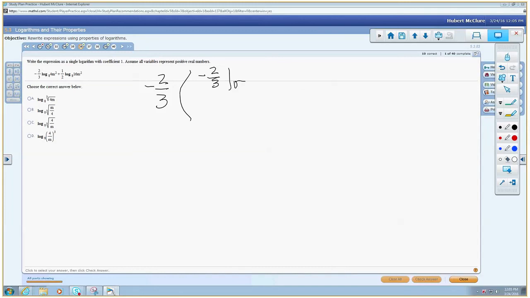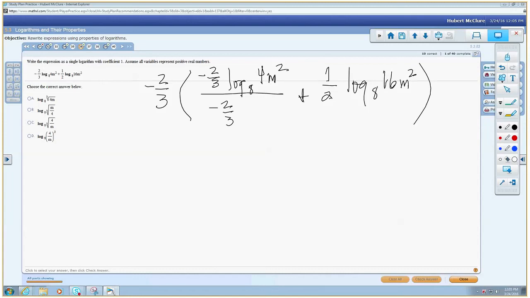log base 8 of 4m squared divided by negative 2/3 plus 1/2 log base 8 of 16m squared divided by negative 2/3.